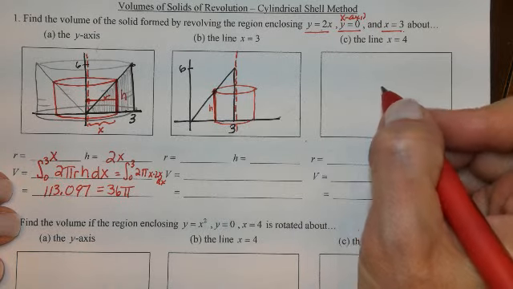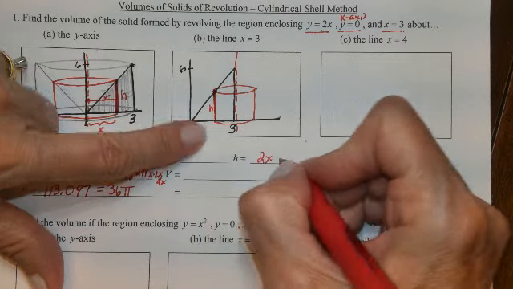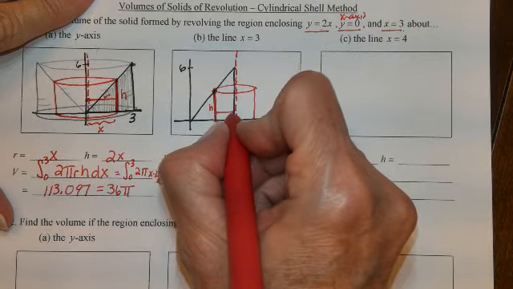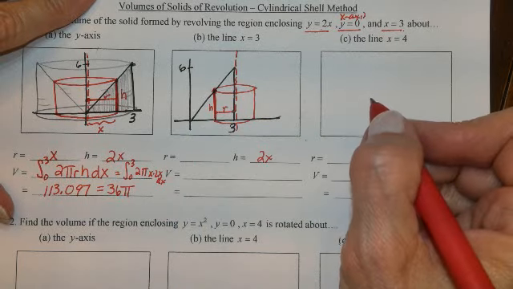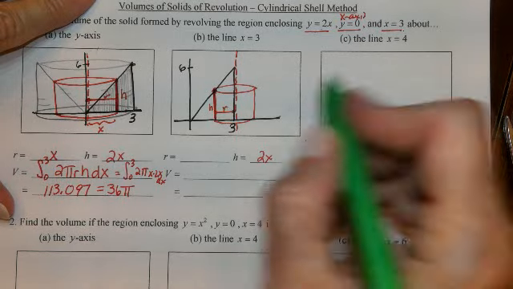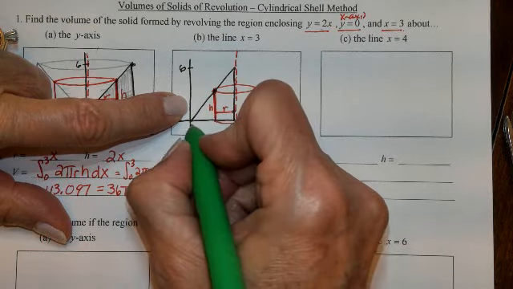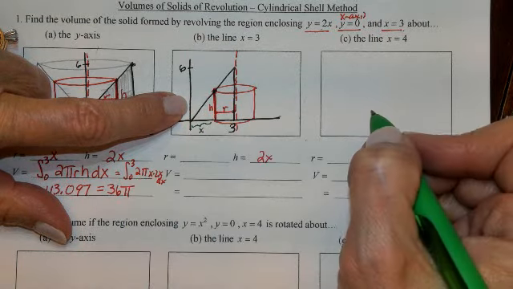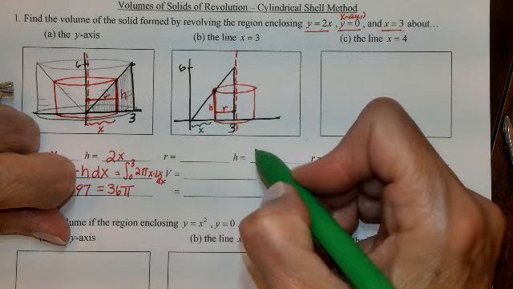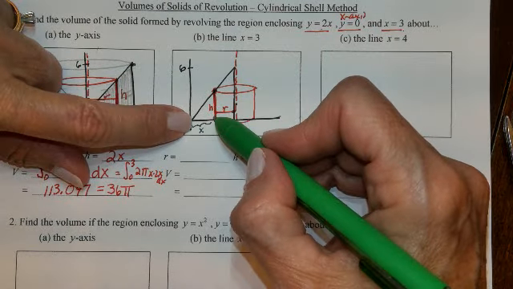Here's the height of your cylinder. So the height is still top minus bottom, so that's just our 2x minus 0. Now where's your radius? Well, the radius is right here, isn't it? The radius is right here. Remember that from the y-axis to your slice, that is x. That is always x. So what expression can we say r is? Well, if the whole thing is 3, we need to take away x, right?